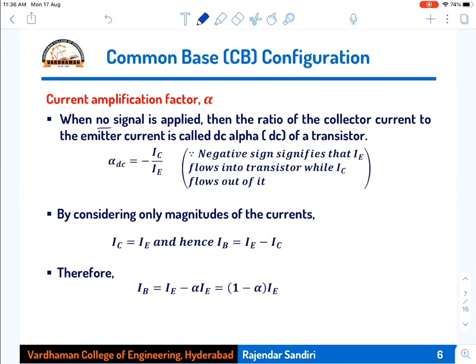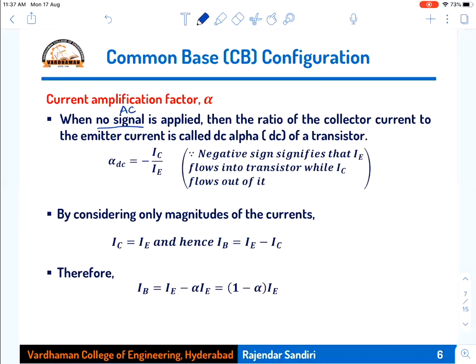The signal is nothing but AC, while batteries are DC. So DC biasing is done, but if I apply AC also to the input circuit, the circuit becomes an AC circuit. If I am not applying any AC, it is just a DC circuit, which has only the batteries connected and only DC input.